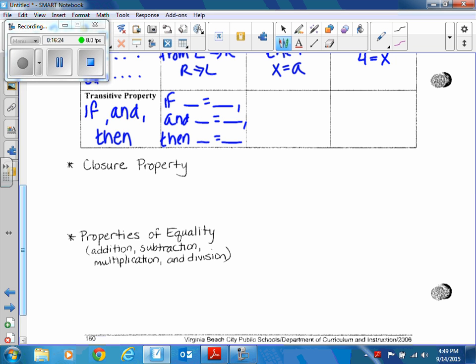That looks a little bit confusing, but if I say if X equals Y and Y equals Z, well then, since X and Z are both equal to Y, X has to be equal to Z too.